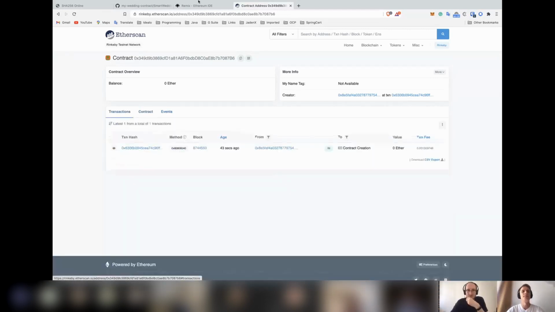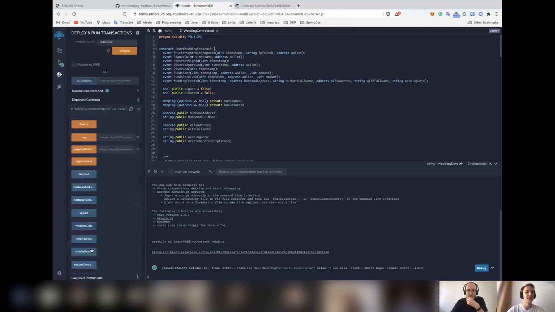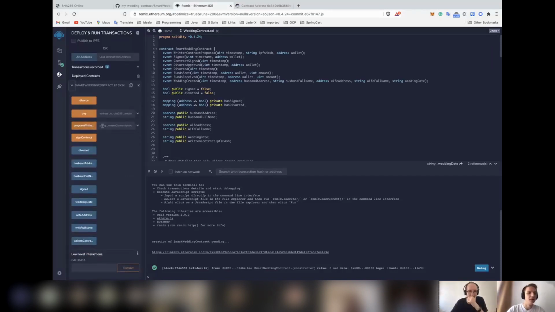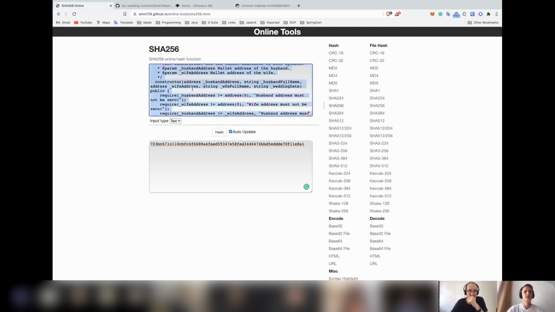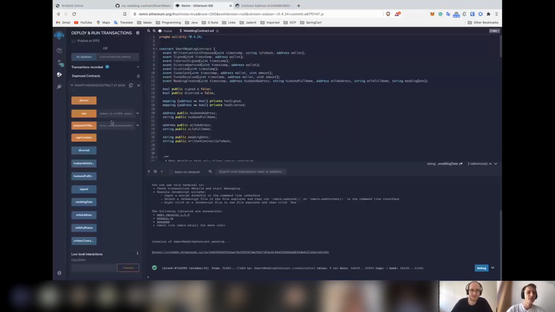Okay, so let's now try to interact with this smart contract. Let's propose a written contract. So this is some hash of the written contract. We propose the written contract to the network.